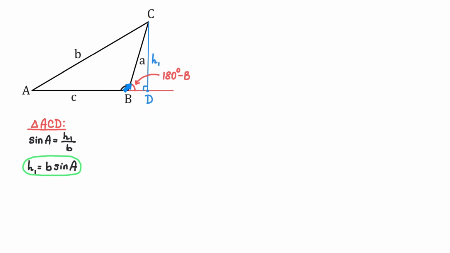So then, in this triangle, we can write that sine of 180 degrees minus B equals h sub 1 divided by A. So again, sine of 180 degrees minus B equals h sub 1 over A.